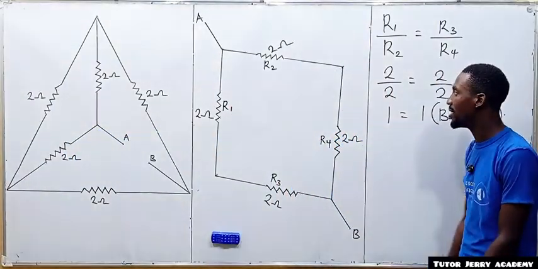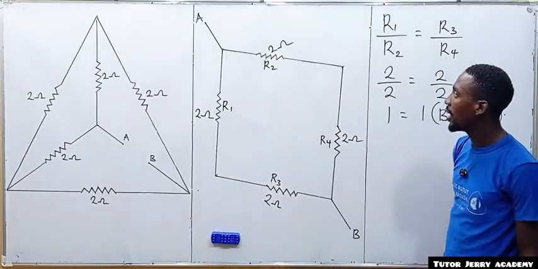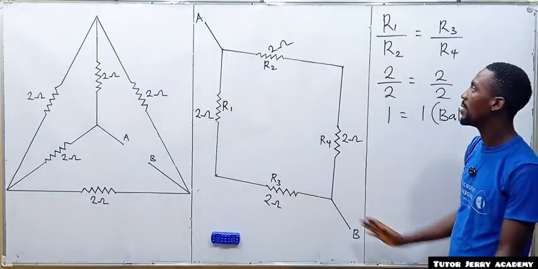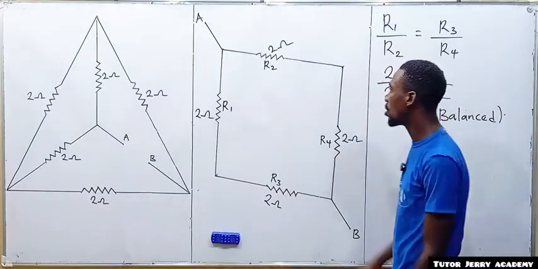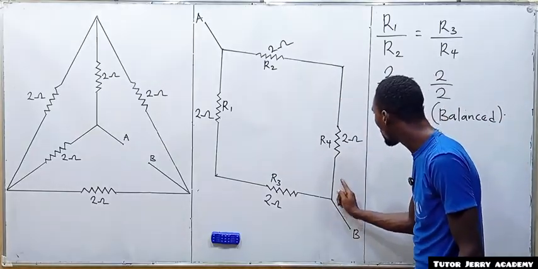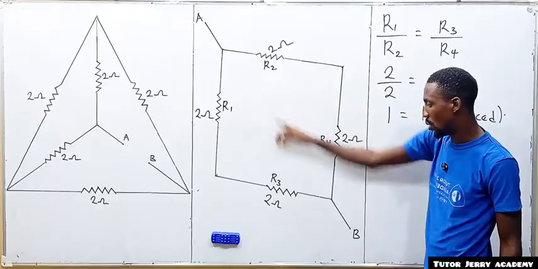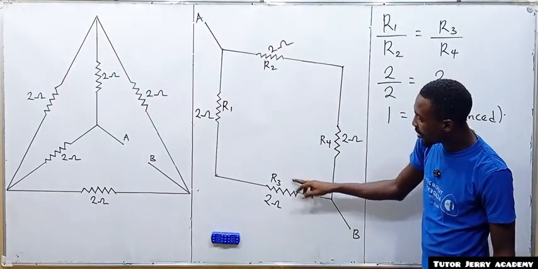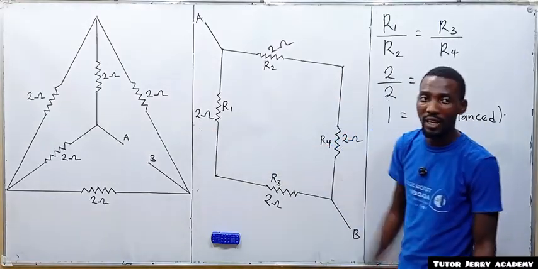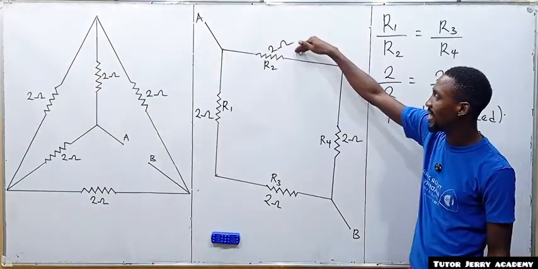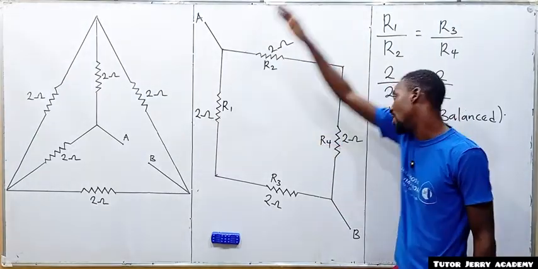If we connect a voltage source between terminals A and B, the current that flows through R4 will be the same current that flows through R2, and the current that flows through R3 will be the same current that flows through R1. So this and this are in series, and this and this are in series.